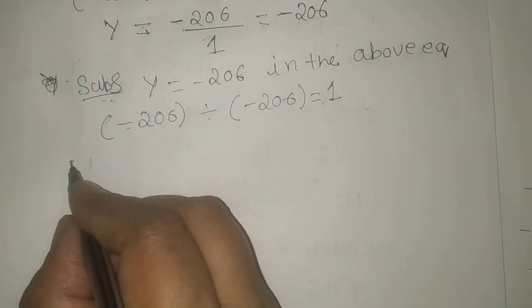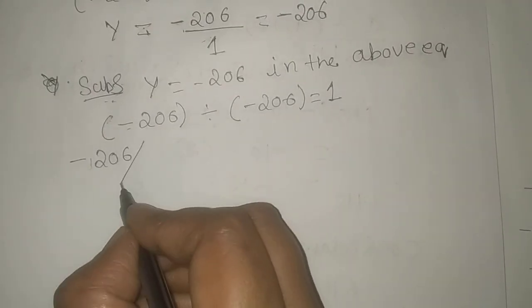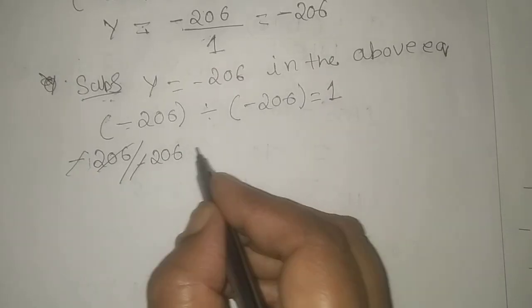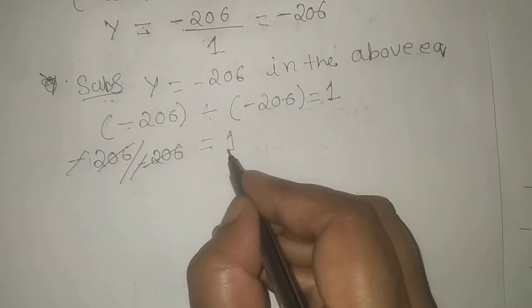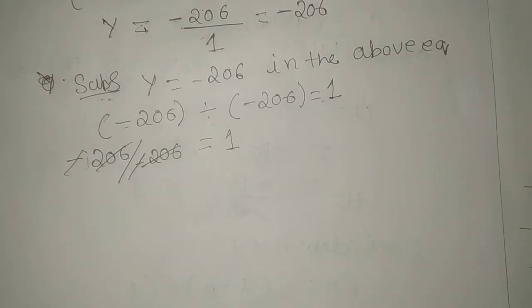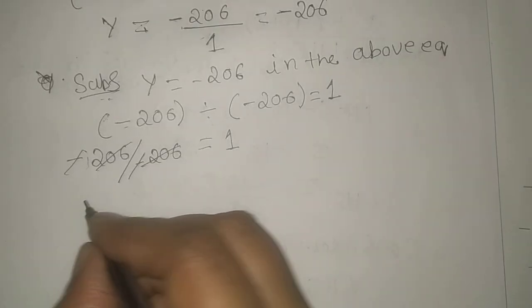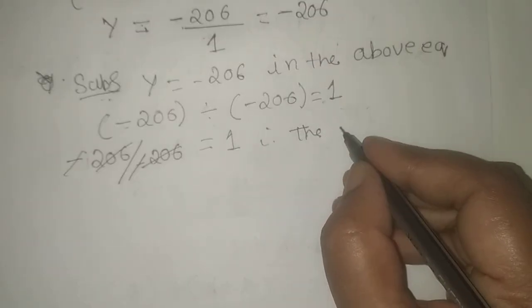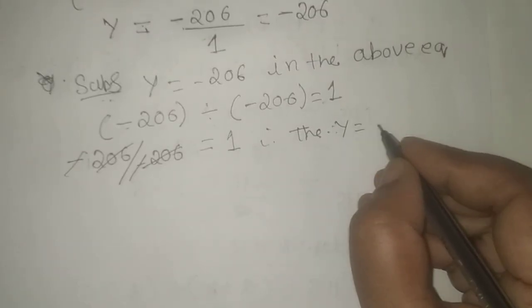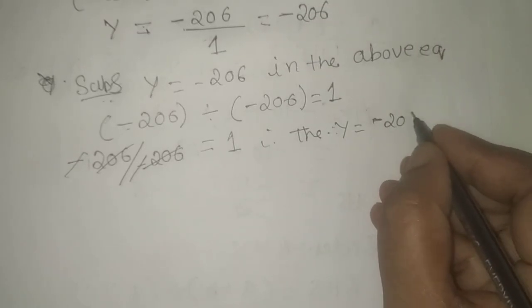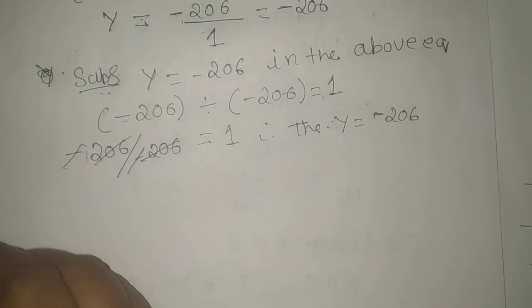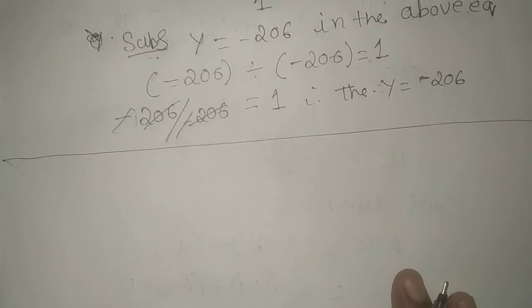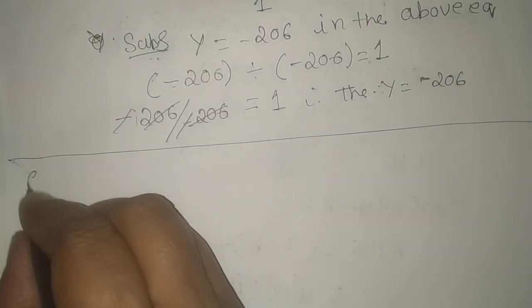How? Minus minus cancel, 206 cancel, answer is 1. Therefore y is equal to minus 206. We finished C.